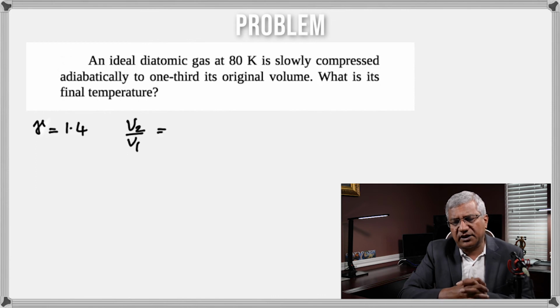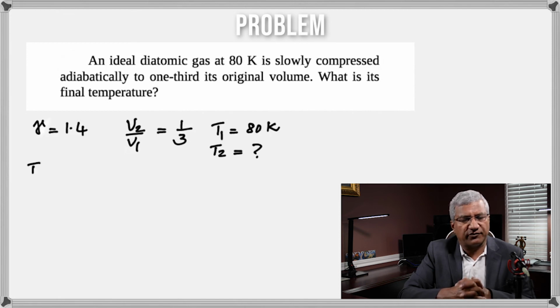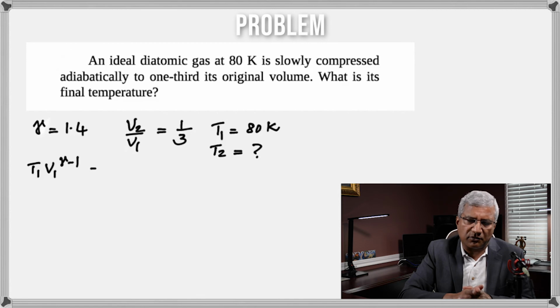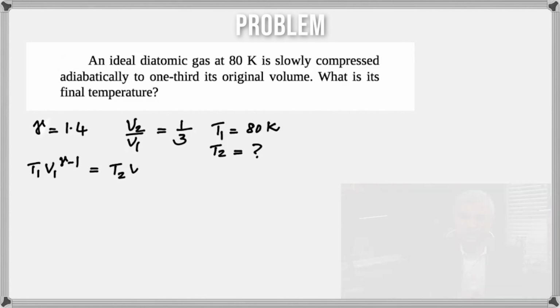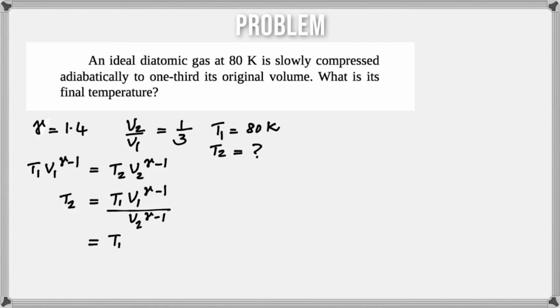V2 by V1 is given as 1/3. T1 is 80 Kelvin. T2 is what we're trying to find. So this is the relation we're using, and then make T2 the subject and calculate.